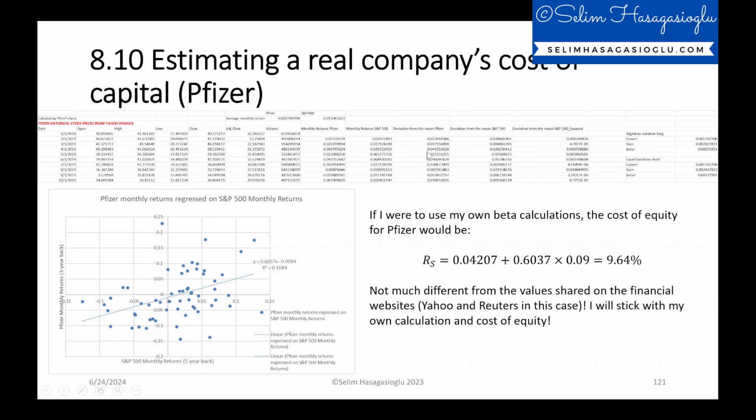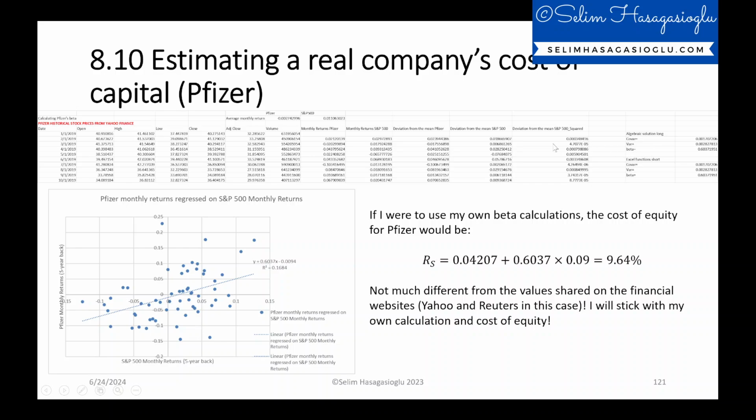Covariance can be calculated through these deviations from the mean. You need to multiply these deviations from the mean for Pfizer and deviations from the mean for the S&P 500. And then, of course, you should divide this value by the number of observations minus 1 because we are looking at the sample case in here. We are looking at the historical past data.